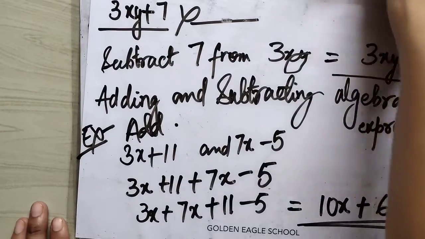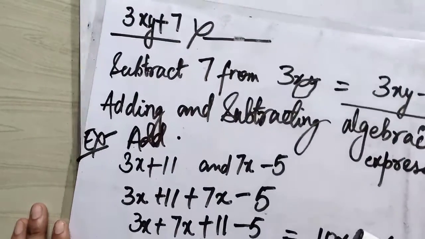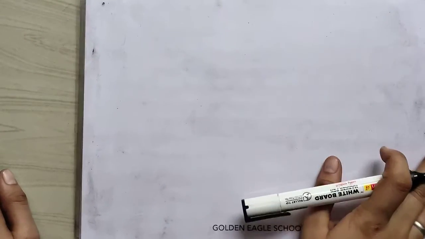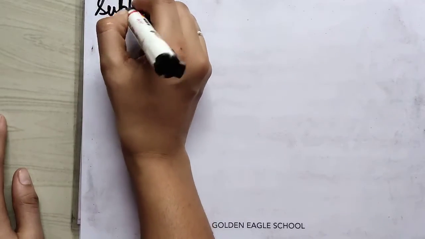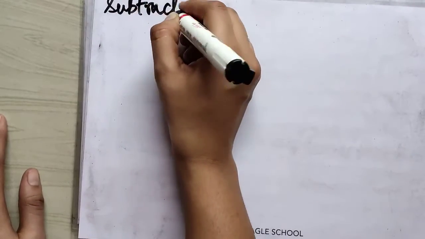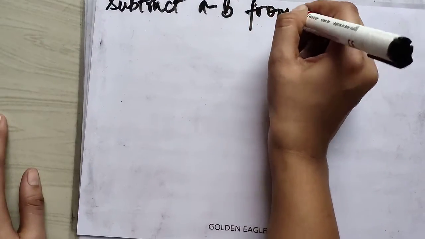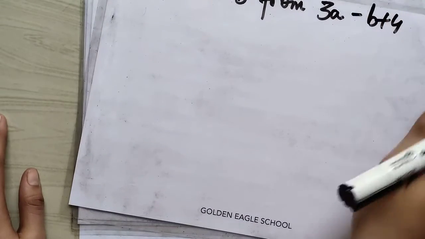I hope you have understood this. Next thing is, in a similar manner we have to subtract also. If we have to subtract a minus b from 3a minus b plus 4, we have to solve this.